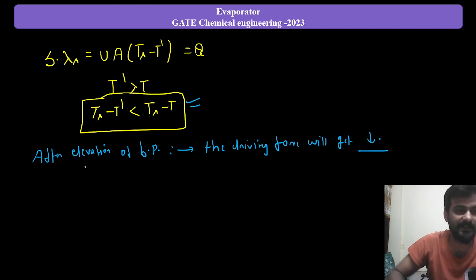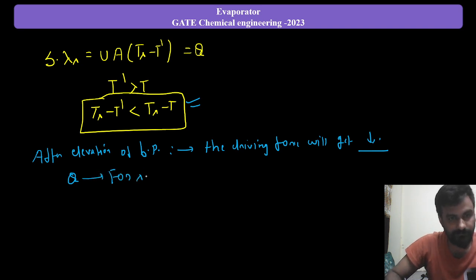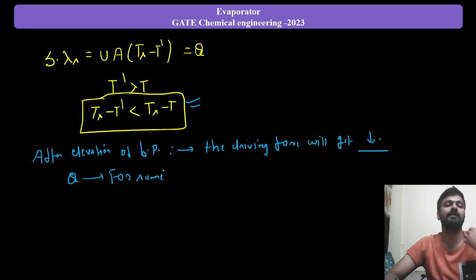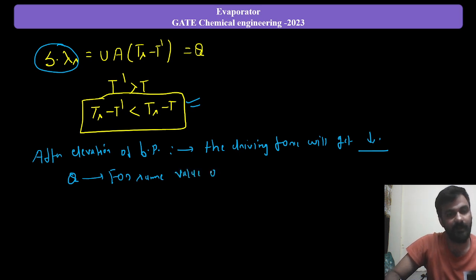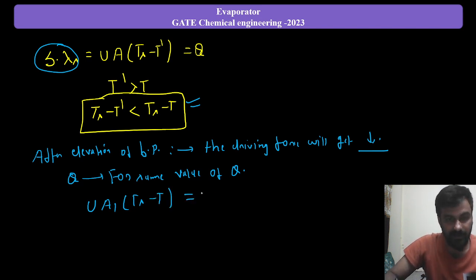And if the driving force is getting decreased, for the same value of Q, I mean if you want to supply the same amount of S into lambda S, that is Q, then initially UA1 times TS minus T has to equal UA2 times TS minus T dash.